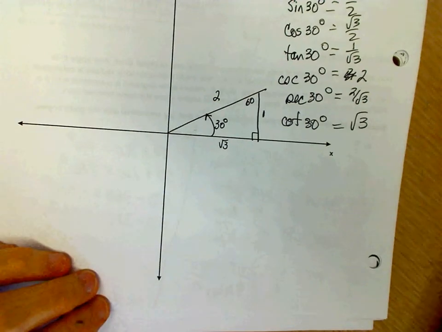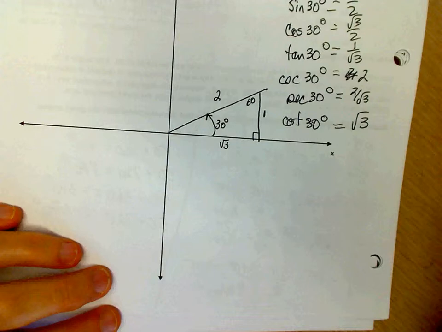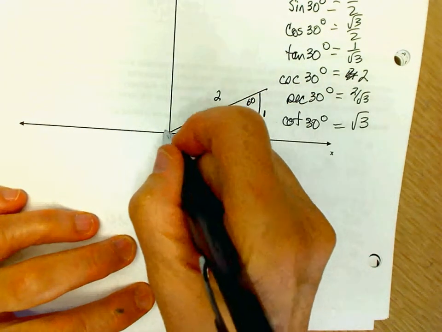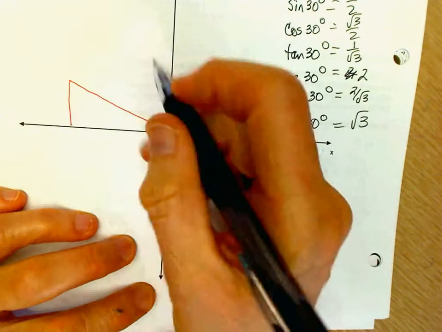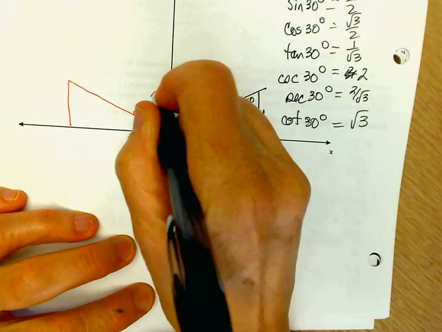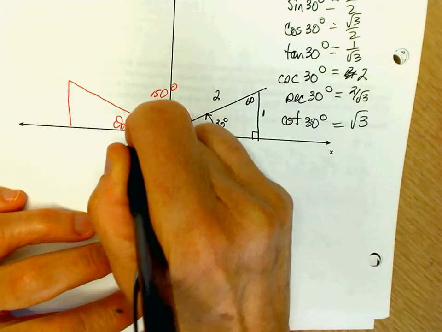Now let's do 150 degrees. I'm going to try to reflect that over. This is 150 degrees. The related acute angle is 30 degrees.